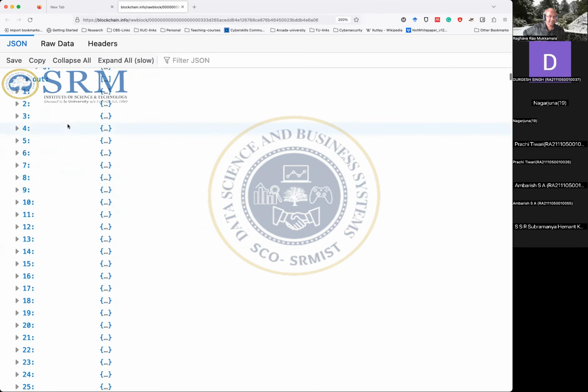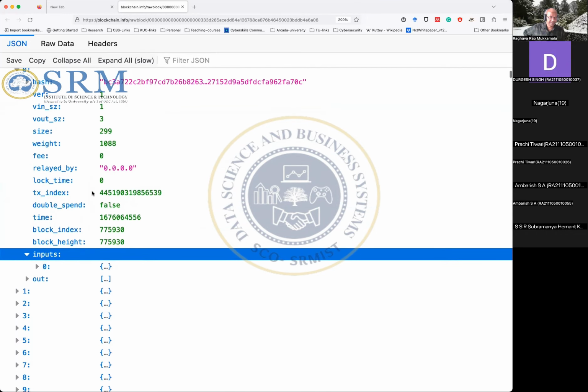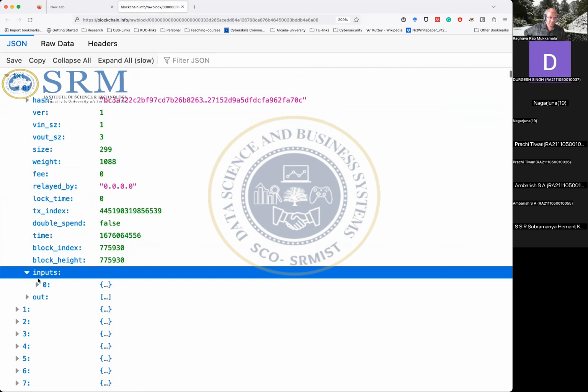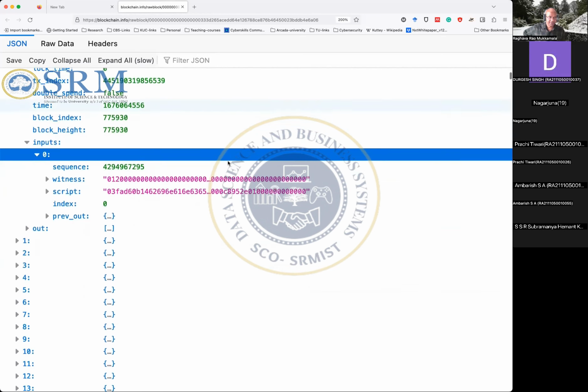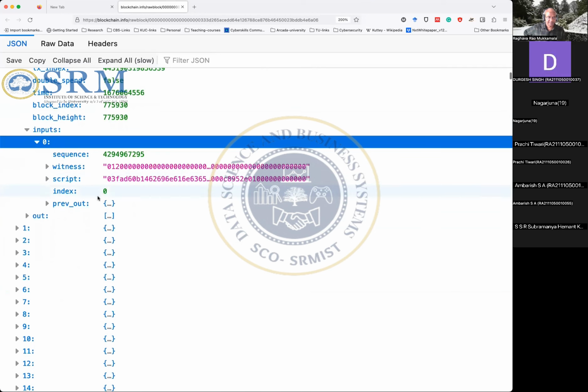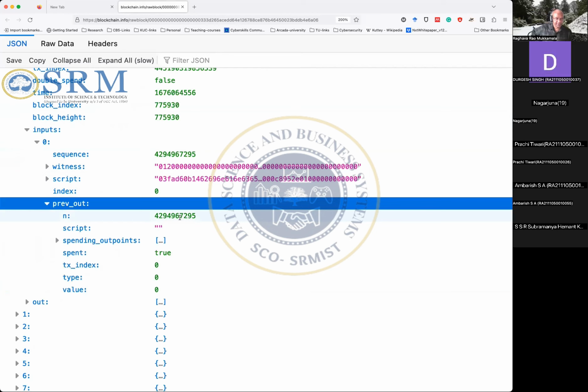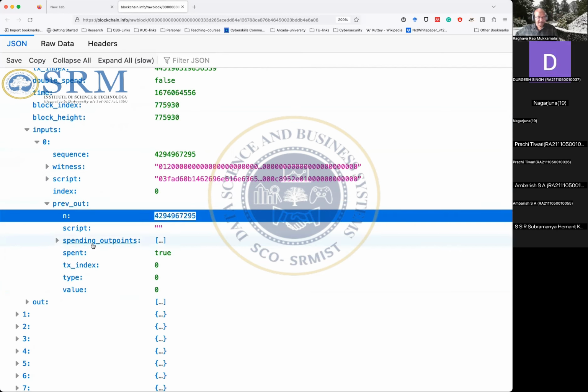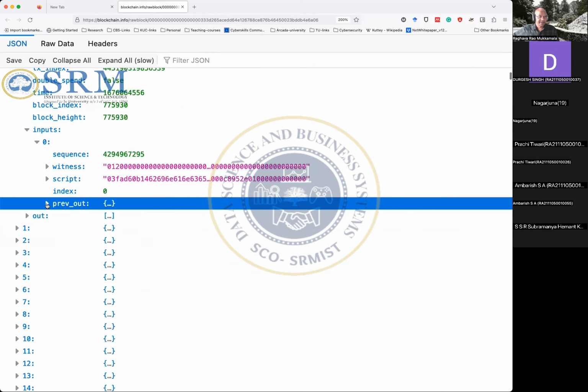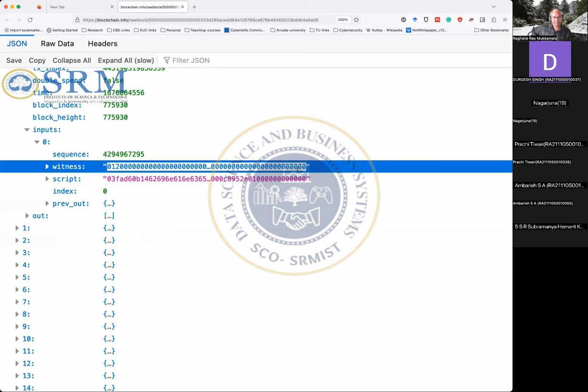But the important thing is this input, right? We have seen that one input. So we have one input value, and you have the previous output. This is the pointer to the hash value, and then a lot of other information, right? And then you will have the signature. You can say the witness is nothing but the signature. In simple terms, imagine that witness is nothing but the signature of who transferred this coin to this person.